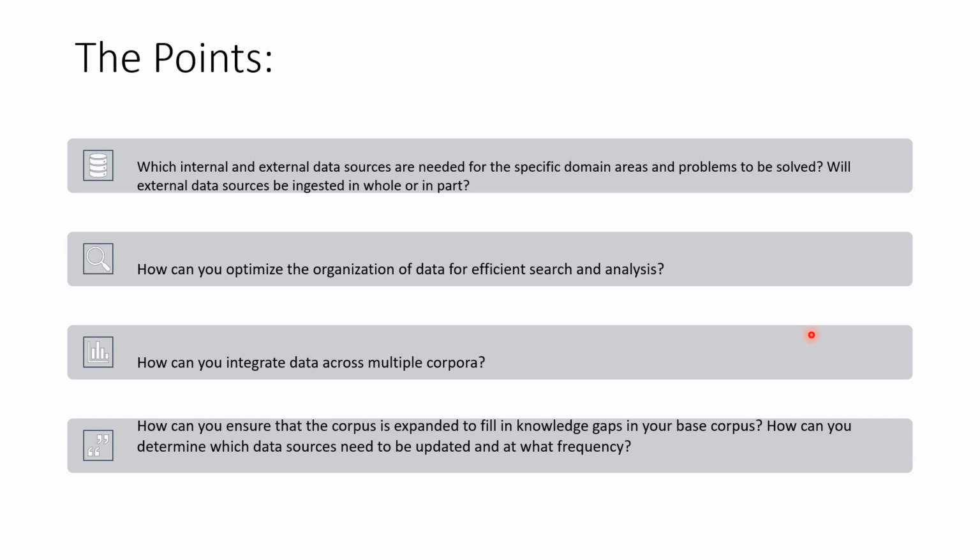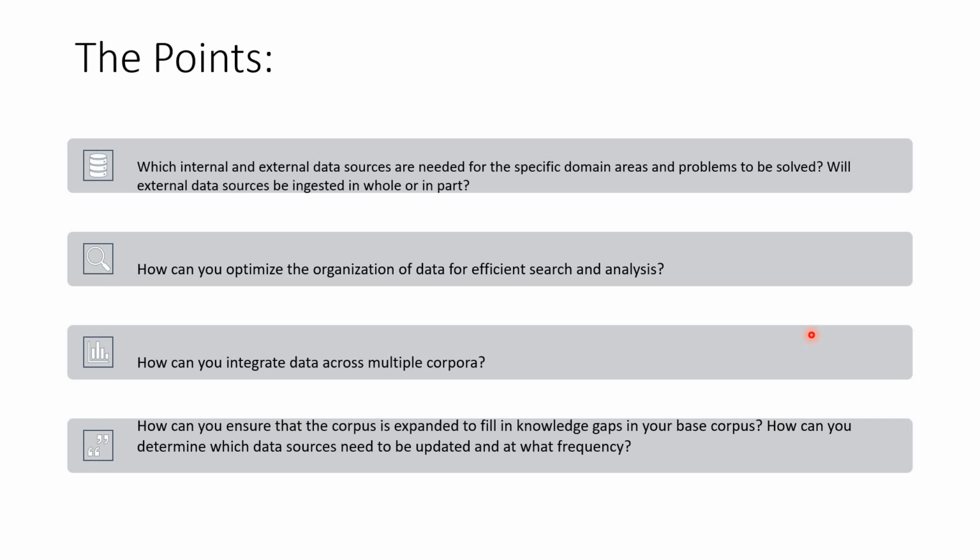How can you integrate data across multiple corpora? This is a major point. How do you integrate data across multiple corpora? How can you ensure that the corpus is expanded to fill the knowledge gaps in your base corpus? The base corpus, when you are building, might not have all the contents that it had to have. So it gets expanded, it gets grown, it gets learning automatically.